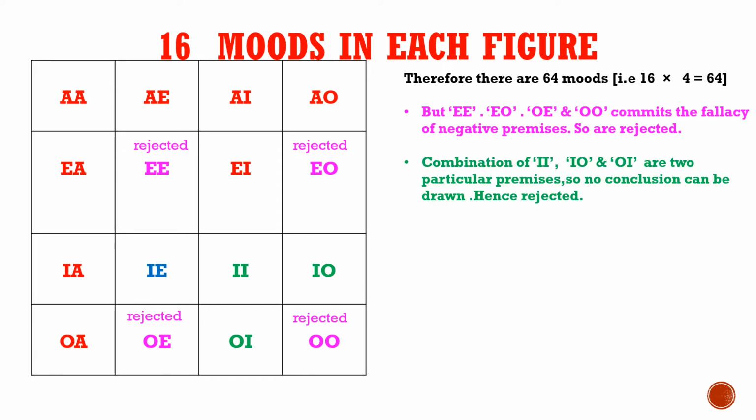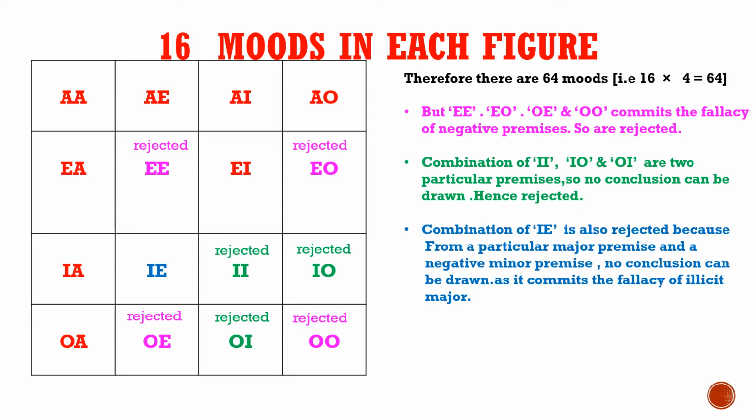Then the combinations II, IO and OI are two particular premises. So no conclusion can be drawn. Hence they are also rejected. II, IO and OI are rejected.